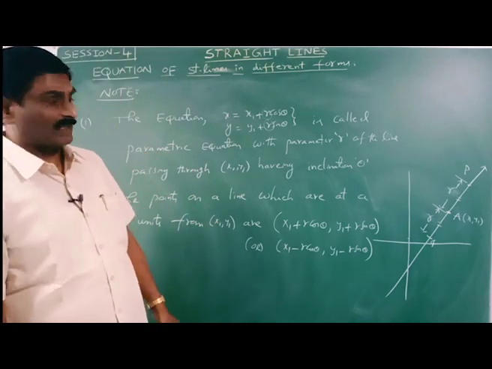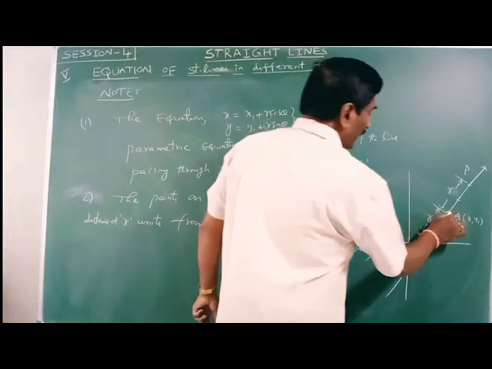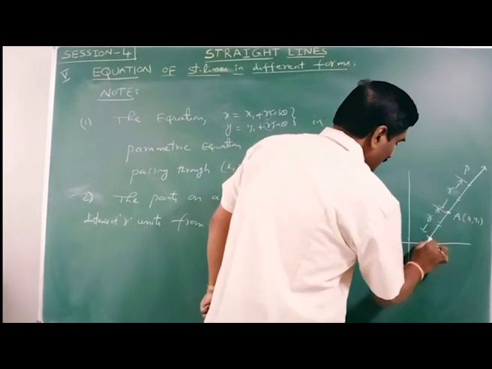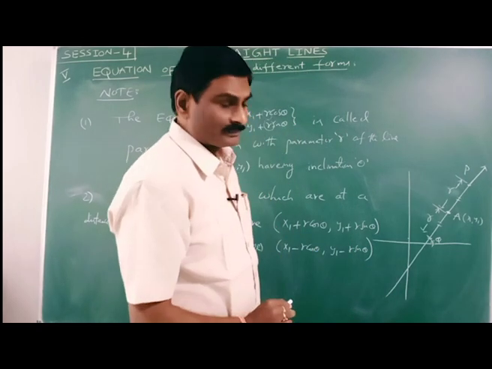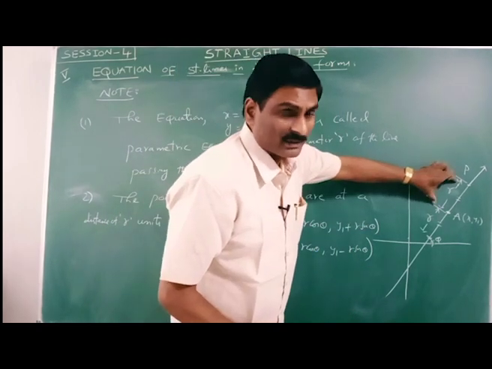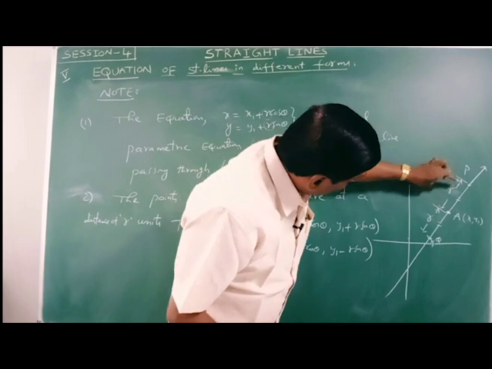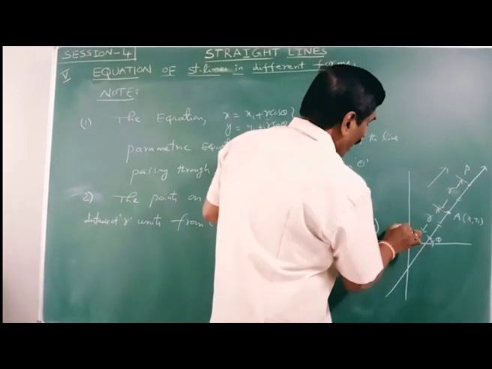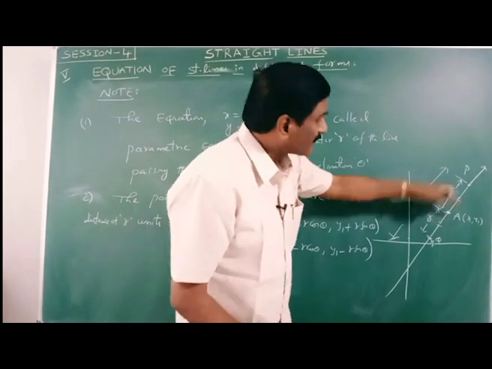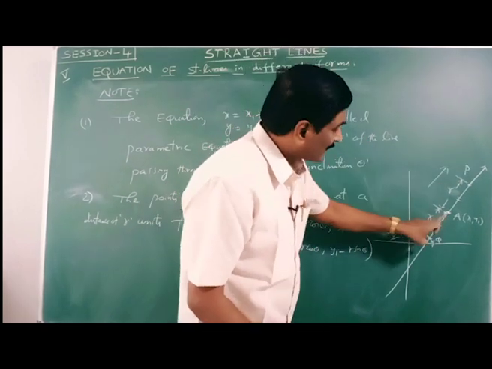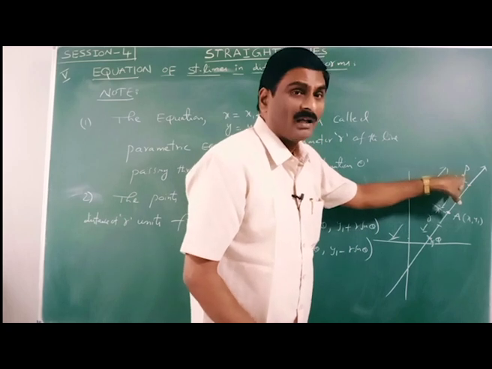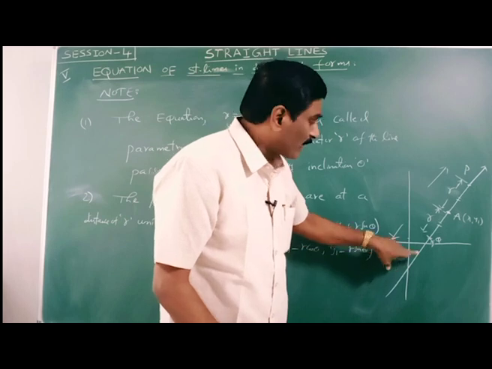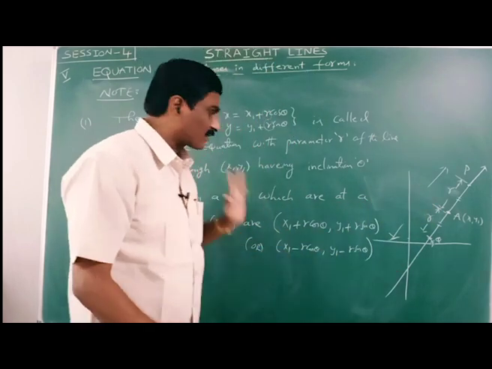If A(x1, y1) is one of the fixed points on the line and theta is the angle of inclination, these two are given. It is at a distance of r units. If the point P is at a distance of r units, it is possible in this direction or this direction. In this direction, we take the plus sign, that means (x1 plus r cos theta, y1 plus r sin theta). In this case, (x1 minus r cos theta, y1 minus r sin theta). Please observe these values.